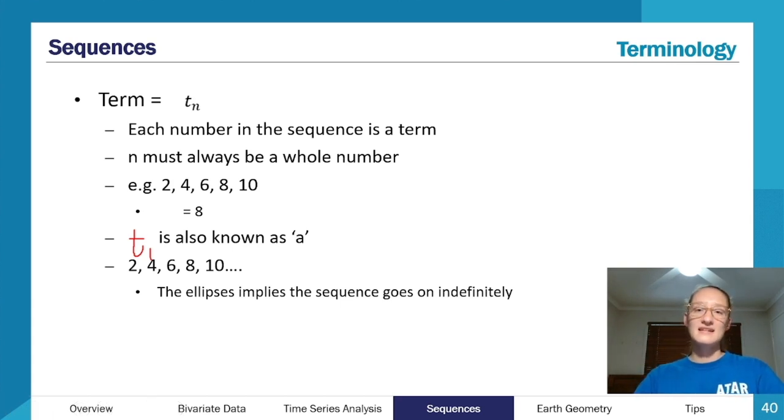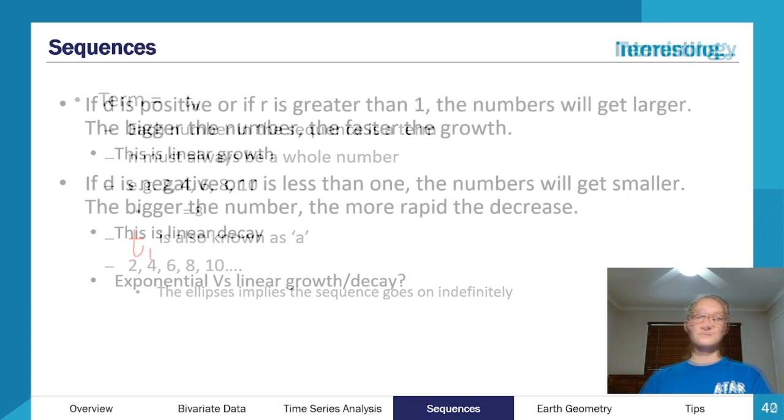Or sometimes it might be T0, but that's a little bit more depth than we'll be going into today. So A is another way that we talk about our starting point. And our last little thing I'll draw your attention to is if we have an ellipsis, like a ..., that's just implying that the sequence goes on indefinitely.